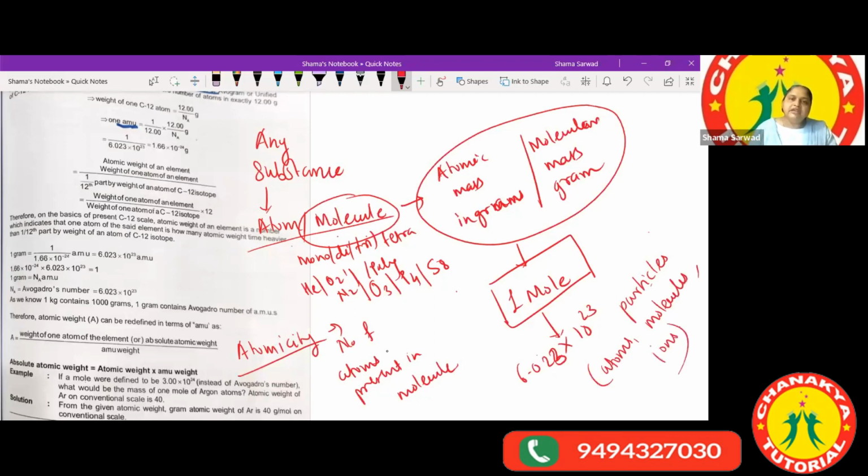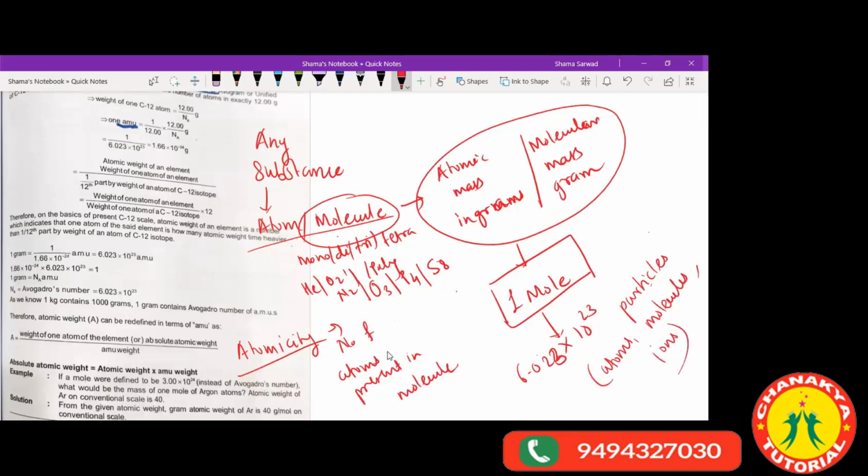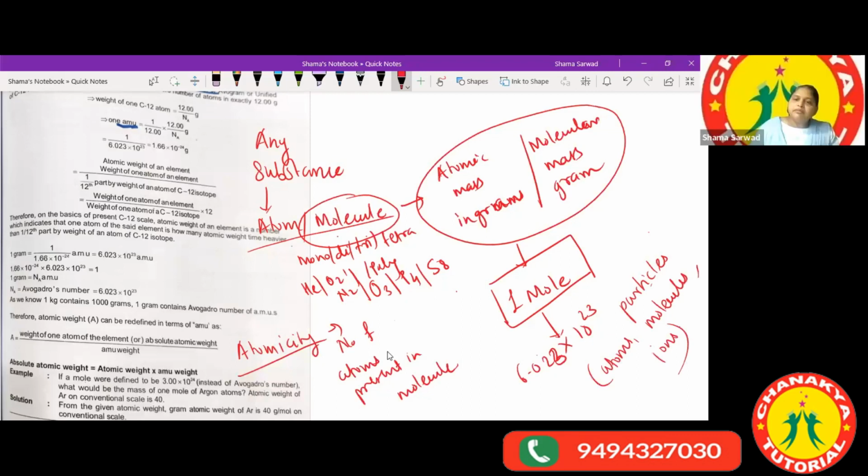If an atom is given, then 6.023 into 10 raised to 23 atoms would be present in your given substance. If they ask for the molecule, 6.023 into 10 raised to 23 molecules are present. And if ions are given, you have to write 6.023 into 10 raised to 23 ions. Clear?